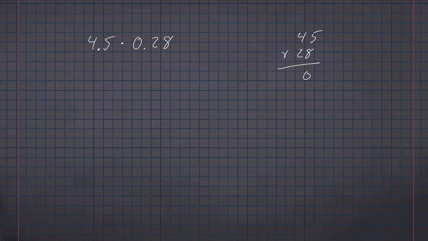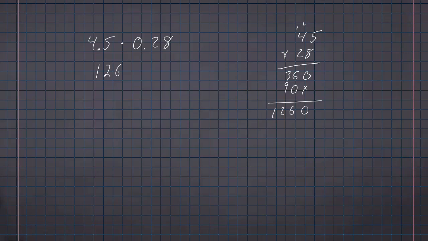8 times 5 is 40. 8 times 4 is 32, plus 4 is 36. Move over a space, 2 times 5 is 10. 2 times 4 is 8, plus 1 is 9. Add that up. I get 1,260.